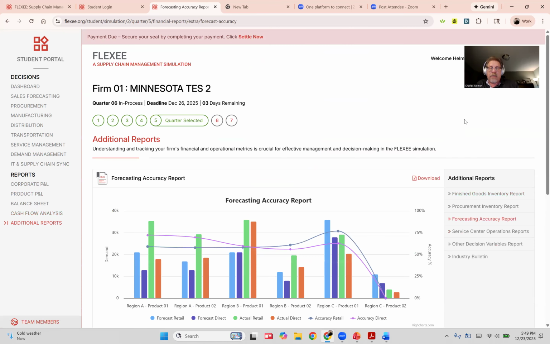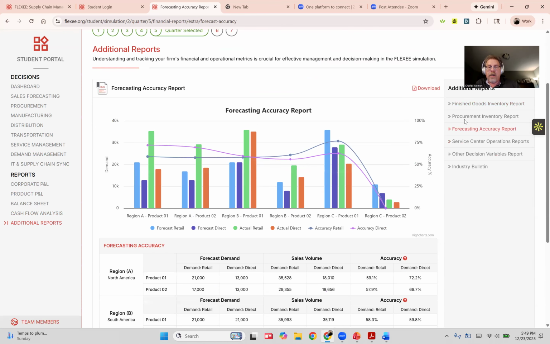And again, they've all got the pictures on top to help us visualize what's going on, as well as information on our service center and some of the other decisions and information that's out there. So what you're going to be doing is working in and out of your decisions, your reports, etc. Wanted to give you a quick lay of the land on how this whole thing kind of lays out.